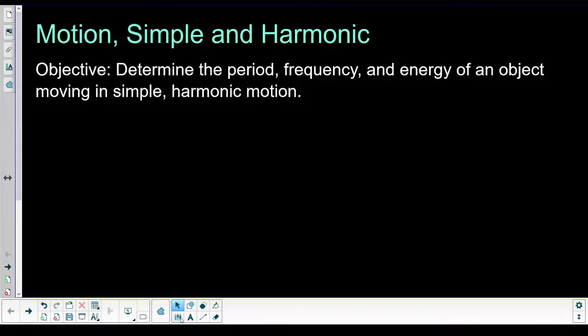Today we're gonna finish up a unit that we probably should have done a unit ago, but we're gonna talk about motion, specifically simple harmonic motion. And I don't know if I think this is interesting or not. It's all right. You know what I mean?